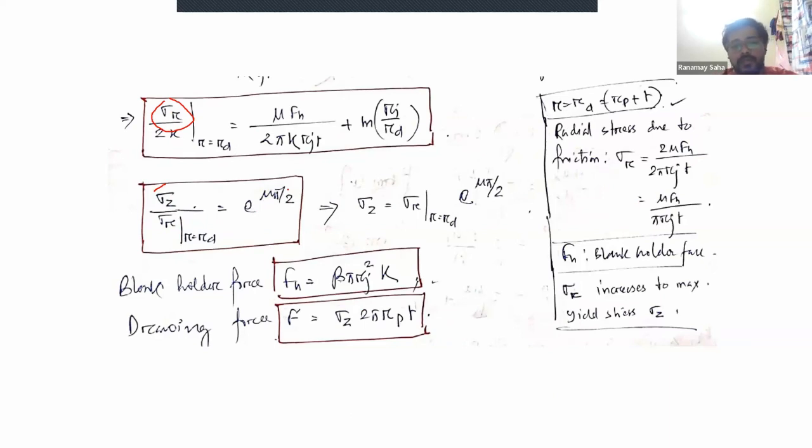So we do that to find sigma z, equal to sigma r at r equal to the drawing radius RD, multiplied by exponential of mu pi by 2. From that sigma z, finally you can find the drawing force. So that is pretty much about deep drawing. Hope it is clear to you all.